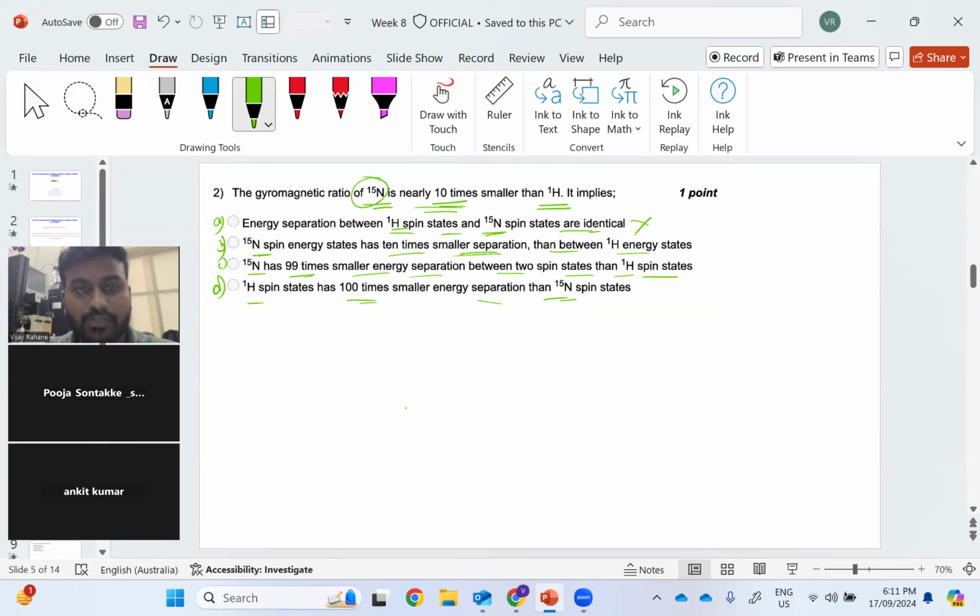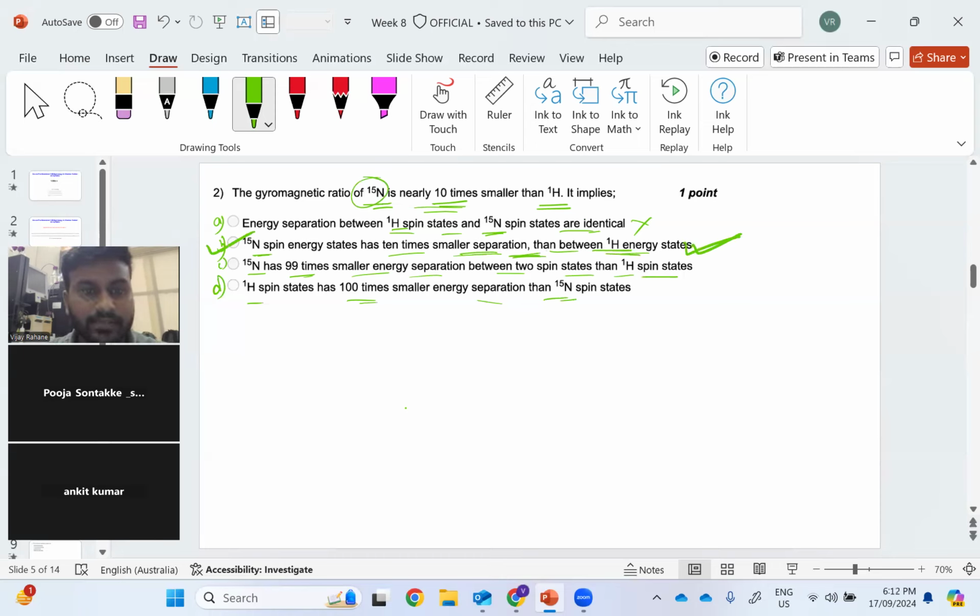As mentioned, the gyromagnetic ratio is nearly 10 times smaller. So as a result, the nitrogen 15 energy states have 10 times smaller separation between the two energy states than 1H. So option B is the correct option here.